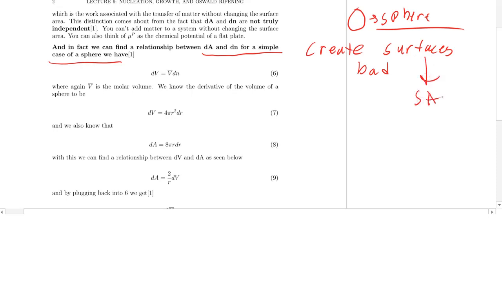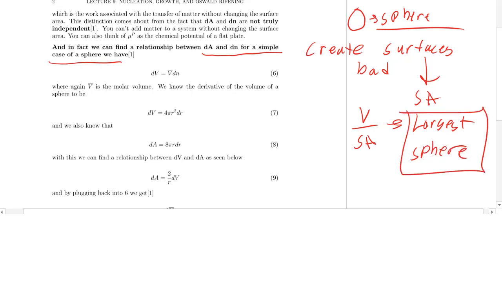What's unique about a sphere compared to every other geometric shape? Well, a sphere has the largest volume to surface area ratio. That is the geometry. So that's great, because with Gibbs free energy, delta G, we're always trying to decrease this.